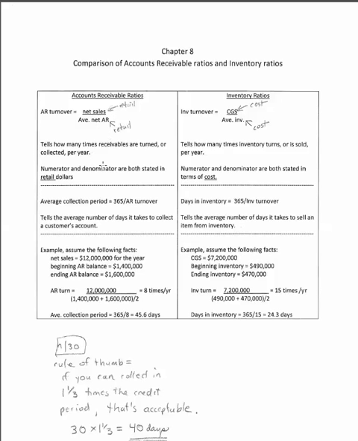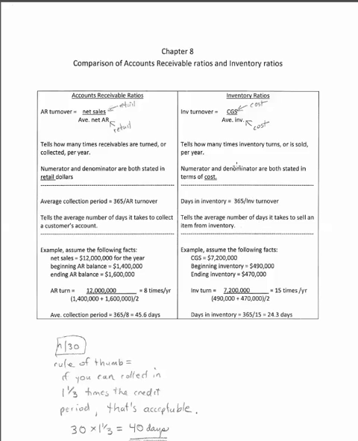And this ratio tells you how many times a year you can sell to your customers and then collect from them. How many times do you go through that selling, collecting cycle? Now with inventory, we also took it another step to figure out how many days on average the inventory was on the shelf before it was sold.